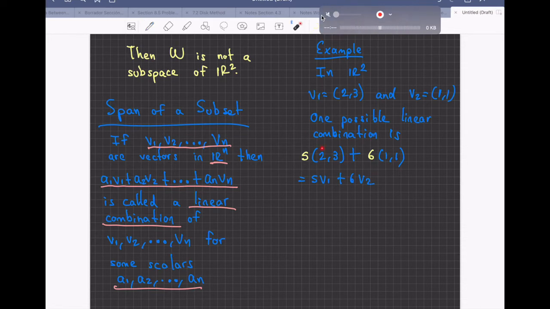That looks very simple, yeah, this is a linear combination. If you want to do the operation, no problem. In this case, 5 times 2 is 10, 15, plus (6, 6), and then you add, it is going to be (16, 21). So notice this is a linear combination, and this is the result.